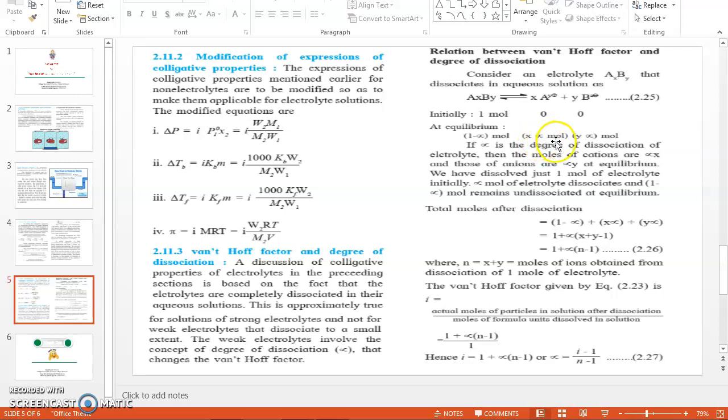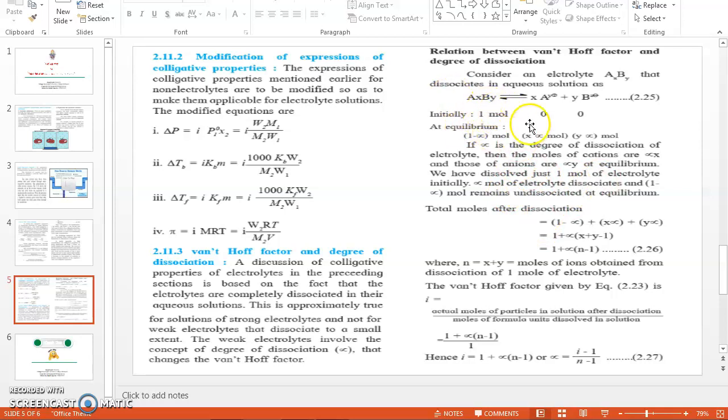If alpha is the degree of dissociation of the electrolyte, then x alpha moles of cations and y alpha moles of anions are formed at equilibrium. We have dissolved just 1 mole of the electrolyte.